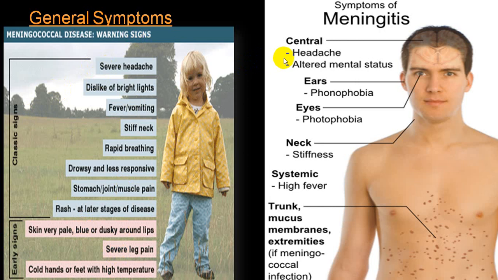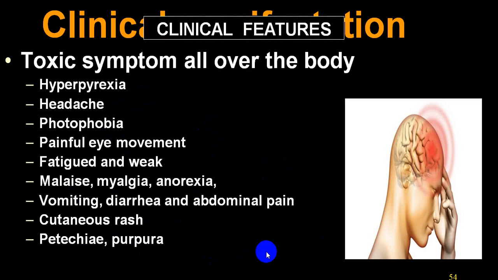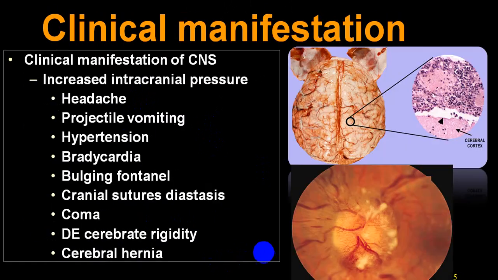Almost we have repeated many of those symptoms: headache, altered mental status, photophobia, phonophobia, stiff neck, high grade fever, rash, etc. So hyperpyrexia, photophobia, painful eye, fatigue, myalgia, vomiting, diarrhea, abdominal pain, rash, petechiae, purpura may be seen, and they are more common with viral infection and meningococcemia.